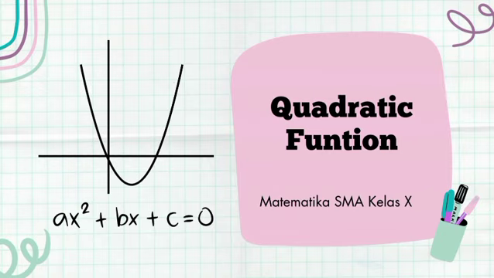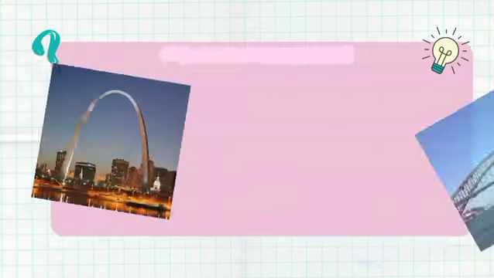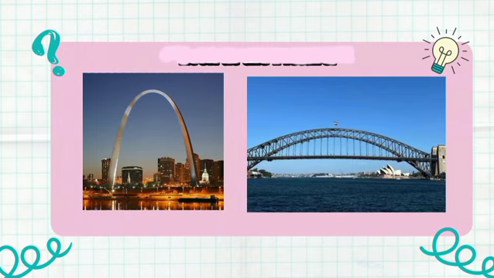Today we are going to learn about quadratic functions. Everyone, please take a look at the picture below. If we look at this picture, the Gateway Arch and the Sydney Harbour Bridge, we can see that their shapes are similar to this one.